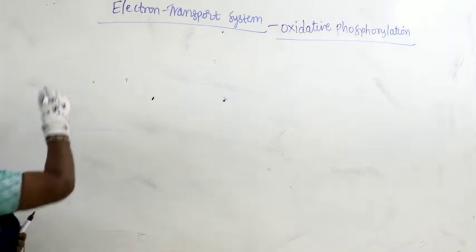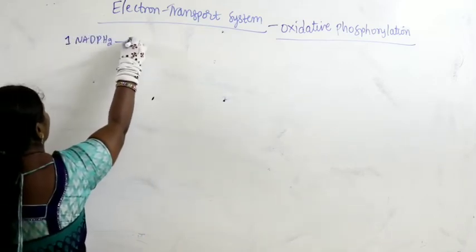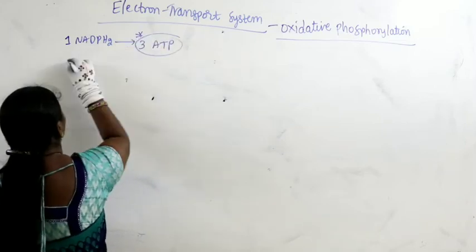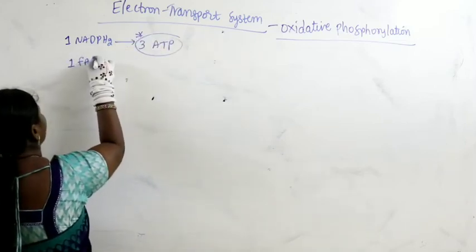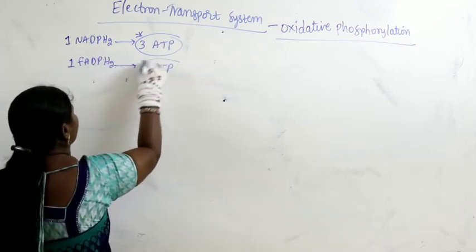What is very important is that one NADPH2 contributes 3 molecules of ATP, and one FADPH2 contributes 2 molecules of ATP.